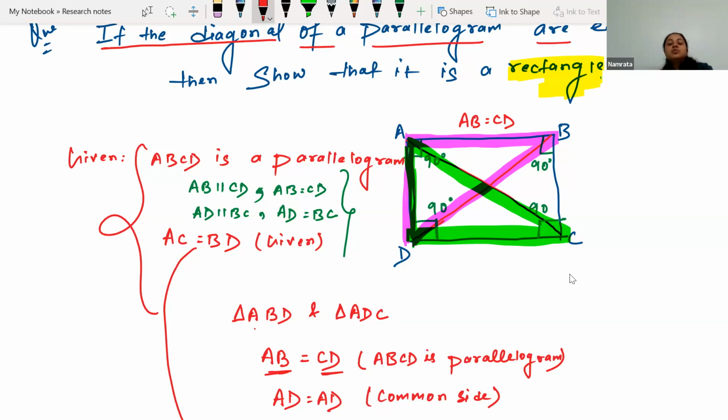After proving congruency, one angle from the pink triangle is equal to another angle from the green triangle. We keep that aside. Now the parallelogram condition says the sum of adjacent angles is supplementary due to parallel lines. We take that condition too, and then we have proved that it's a rectangle.